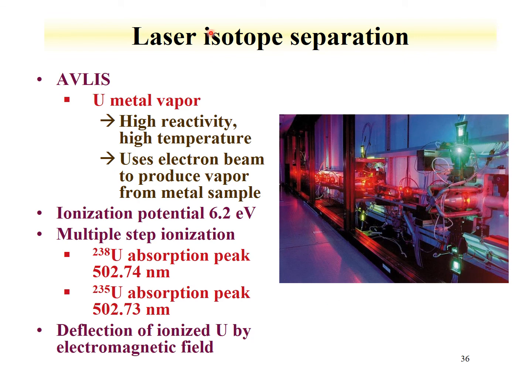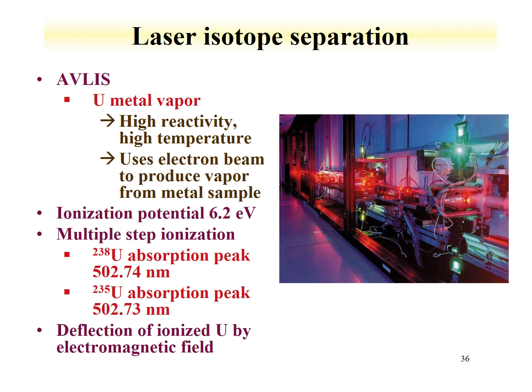AVLIS uses a uranium metal vapor, produced by an electron beam, and you take this uranium metal vapor into a gas phase, and you have multiple ionization steps. Uranium-238 has an absorption peak at 502.74 nanometers, and the 235 at 502.73.